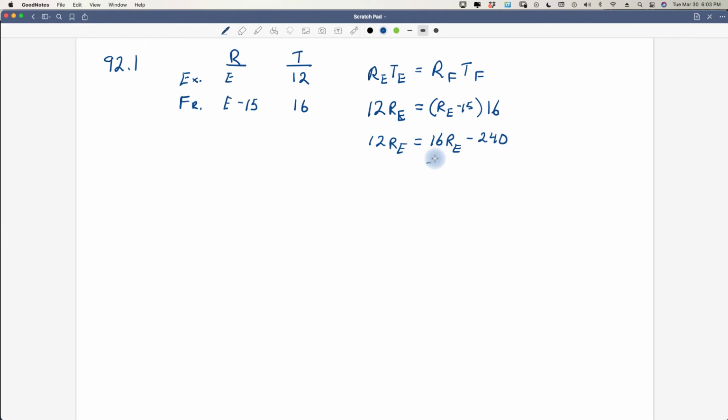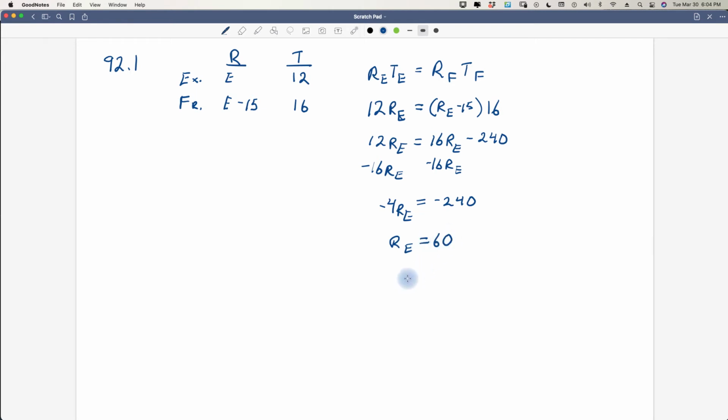All right, so let's subtract 16 RE from both sides. That leaves us with a negative 4 times the rate of the express, minus 240. We divide both sides by negative 4. The rate of the express train was 60.